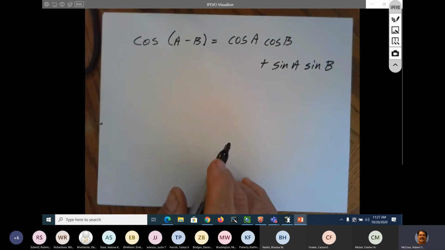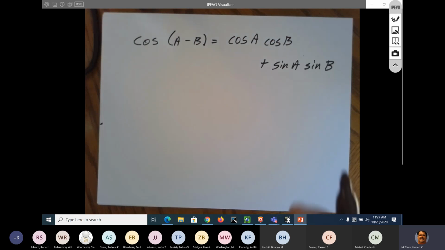From that, we can move on and do the sine and even the tangent. In the trig identity cheat sheet, you'll see that there's 3, but there's actually 6.